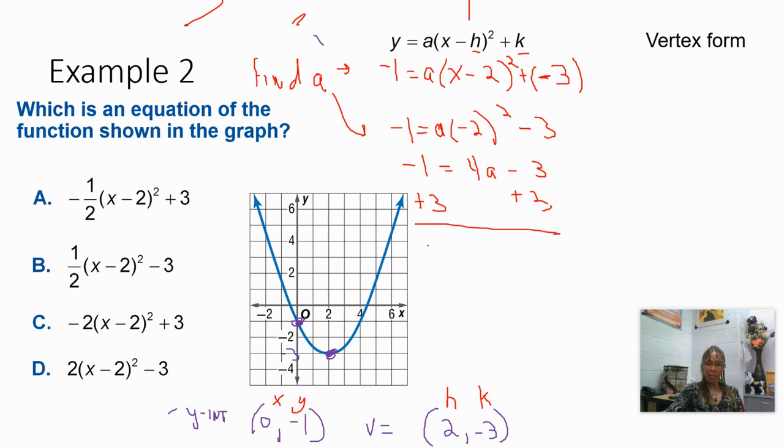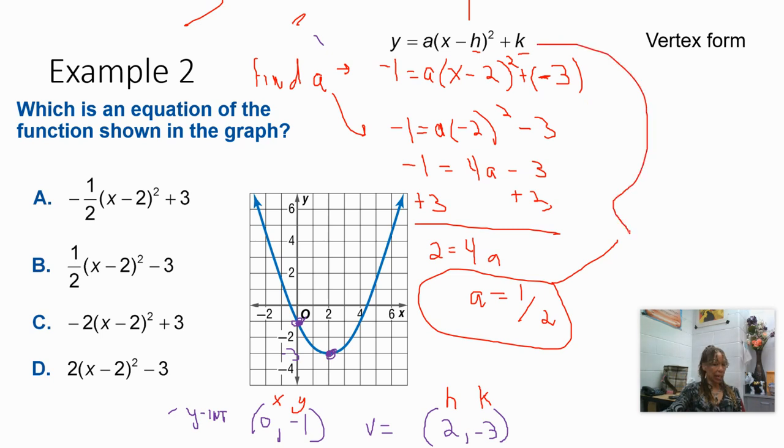And I'm going to have 2 equals 4a, or a equals 1/2. So now I can rewrite my equation in this format, only x and y are going to stay x and y because I want it to be available for any x or any y that I input.